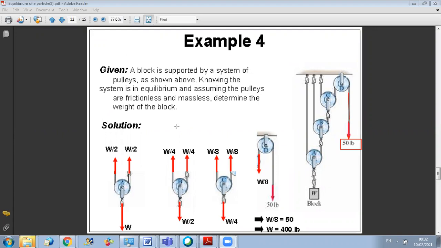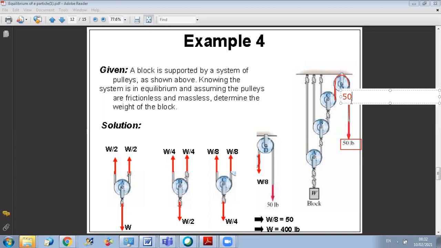Sorry guys, I'm back. Okay, so here we start with pulley D. For pulley D, we have the force of 50 lb here in this cable, and this force is the same over the cable. So if I want to find the force in this cable here, it will be equal to 50 lb.